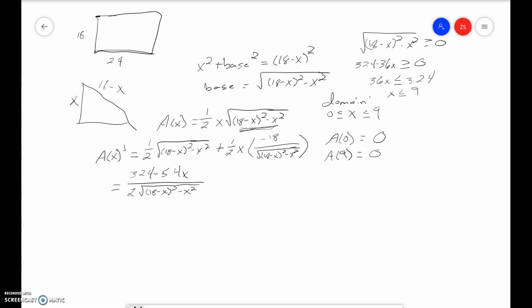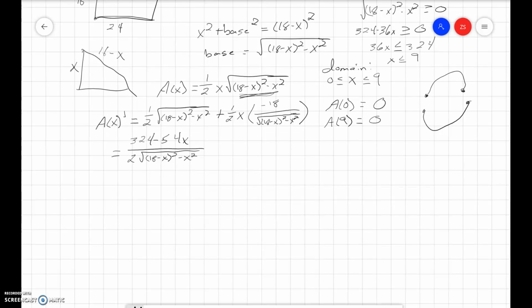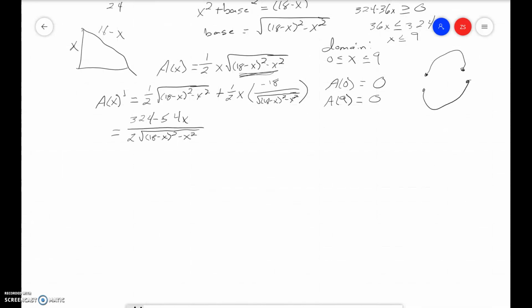Okay. So we know that it's either going to go like this or like this with our endpoints on the axis here. So now we come down over here. We use our derivative that we have to find our critical points, set it equal to 0. 324 minus 54x over 2 times the square root of (18 minus x) squared equals 0.